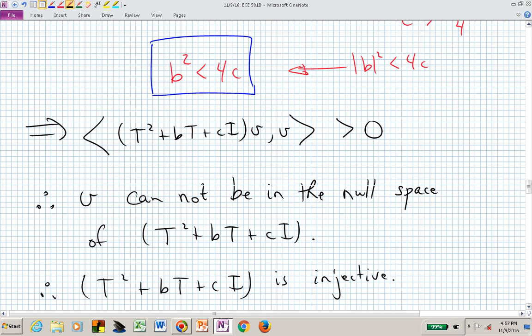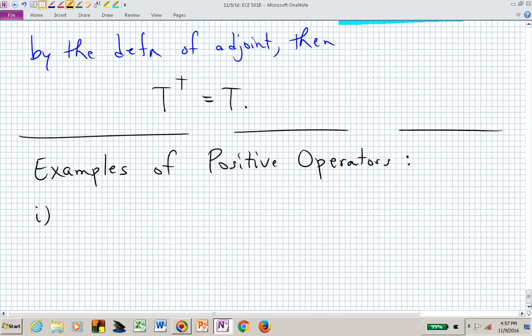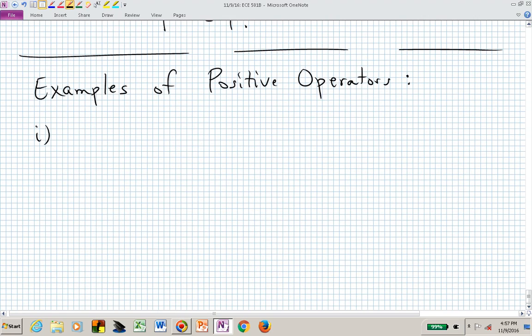T was self-adjoint, and as long as B squared was less than 4C, this was going to give us a positive operator. So that expression is a positive operator.